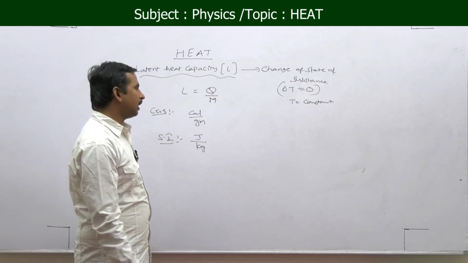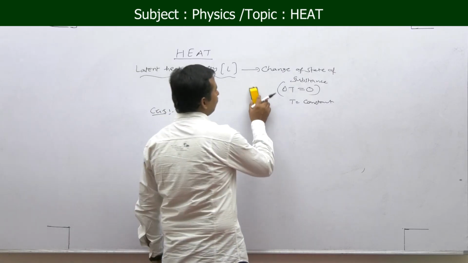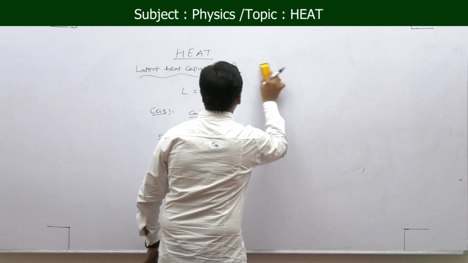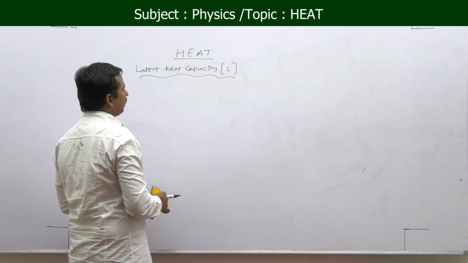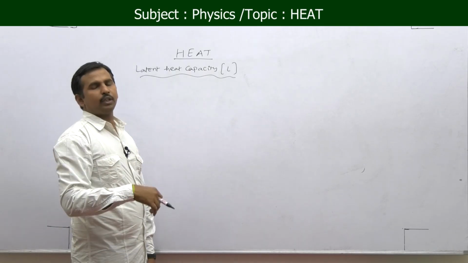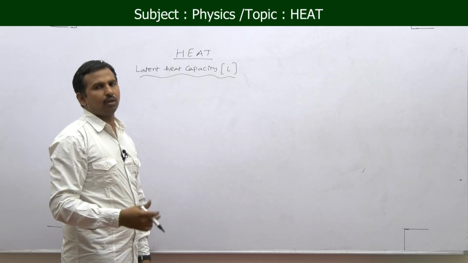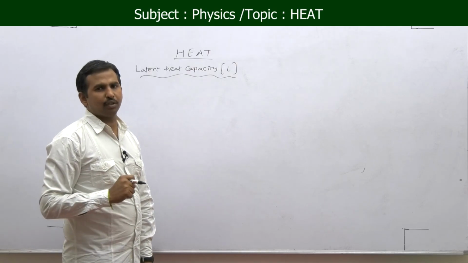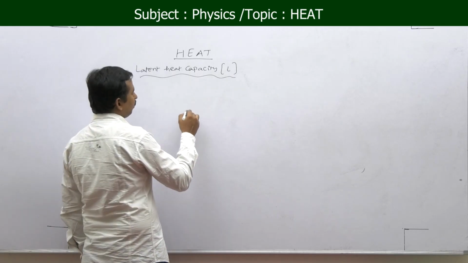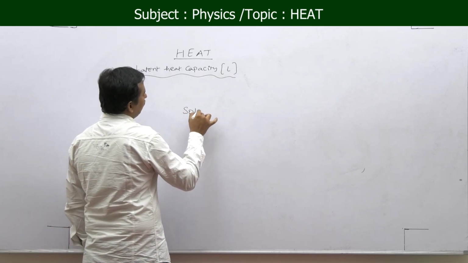And if you are taking an example, actually we have many changes of state. According to our repeated questions, or about our entrance exam, we mainly have 4 changes of state. One is from solid to liquid.